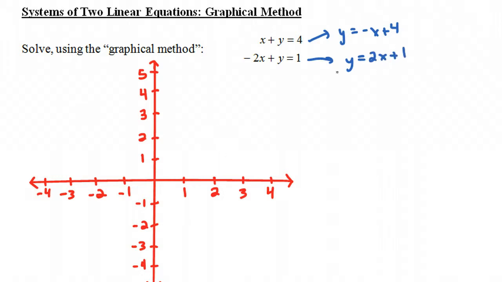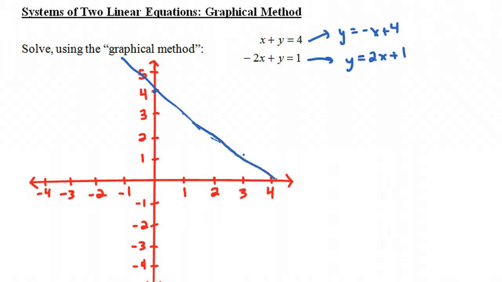So what we want to do is graph each of these equations. Now, y equals negative x plus 4 goes through the y-axis at 4. The y-intercept is 4. The slope is -1, meaning if you go over 1, you go down 1, over 1, down 1, and so on. So y equals negative x plus 4 is going to be this line.